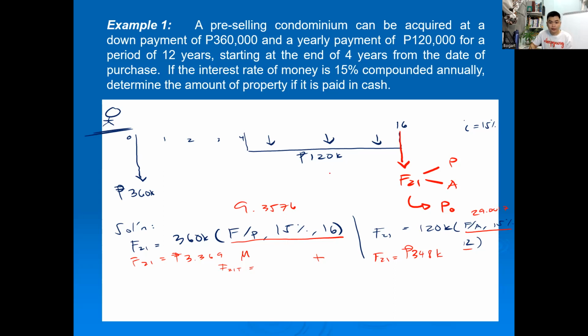That will be 3.72. Nira-round up ko na lang. Sige, wag na. 17 million pesos.